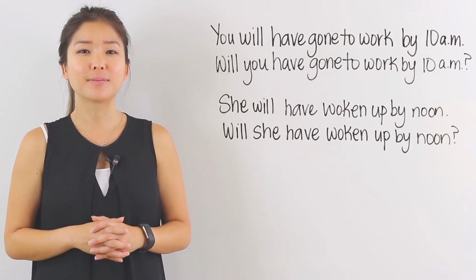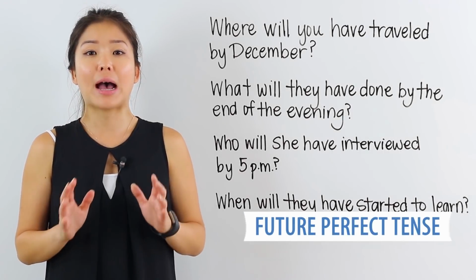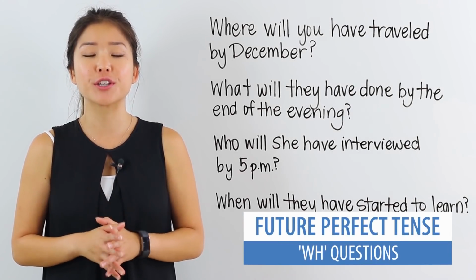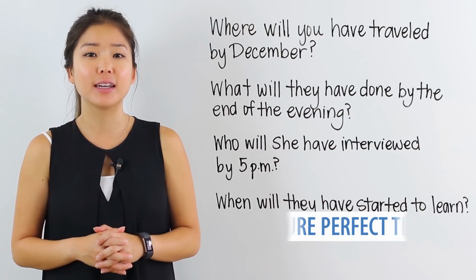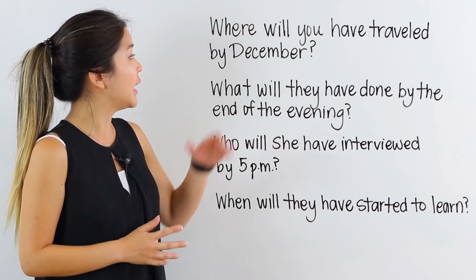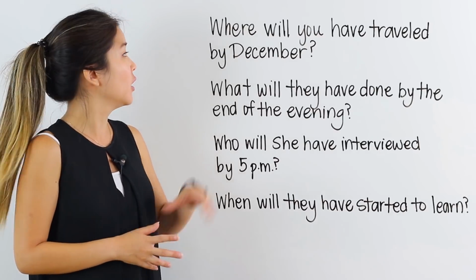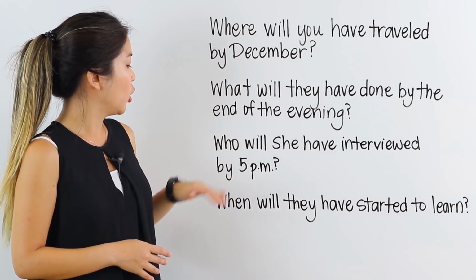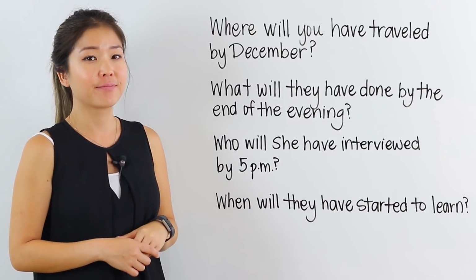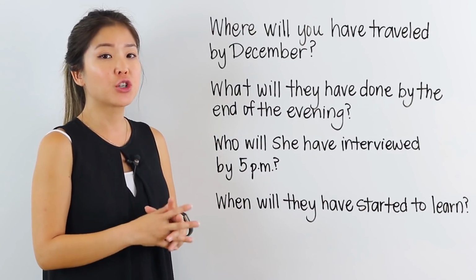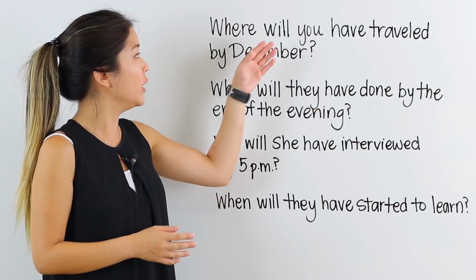Let's move on. Now, I'll talk about how to form WH questions in the future perfect tense. If you notice on the board, each of these questions begins with the WH word. Where, what, who, and when. Then, after each WH word comes the word will.